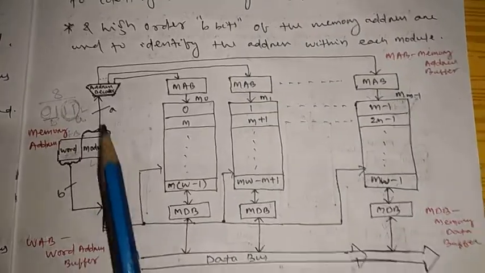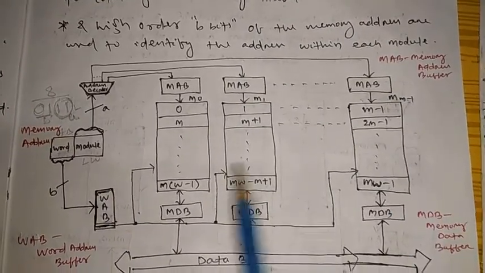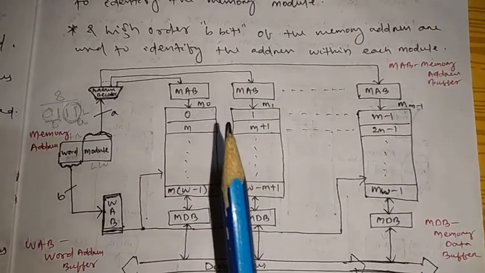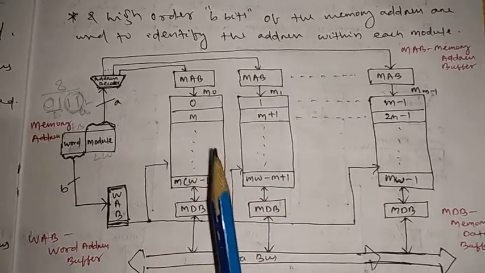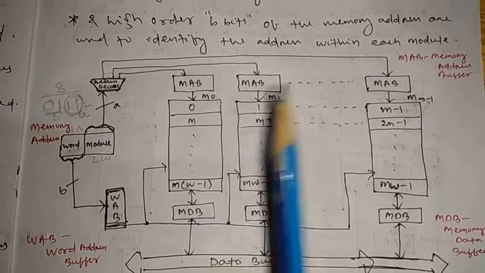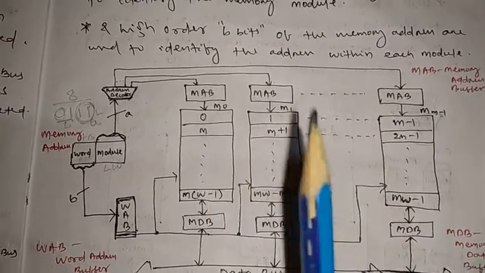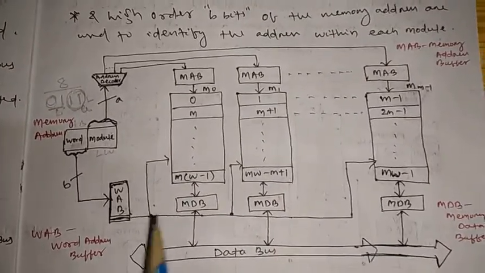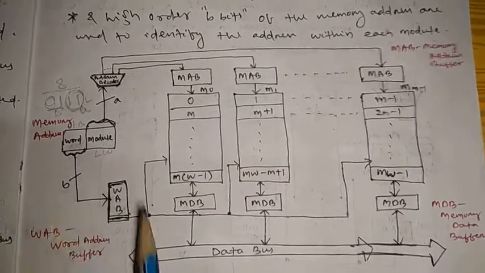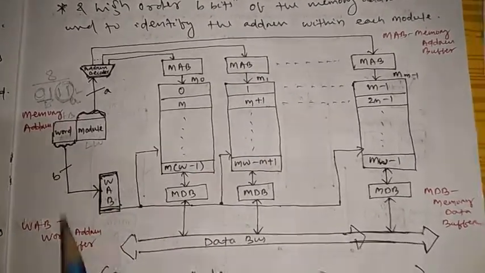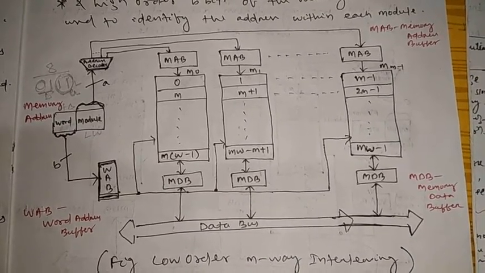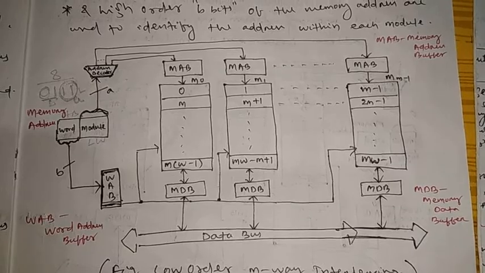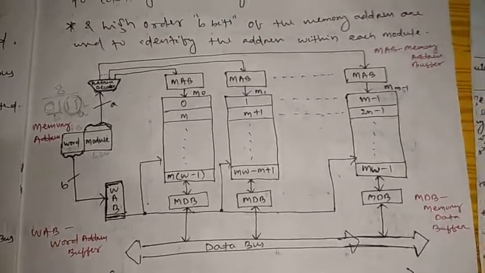This means you can access multiple words in a particular cycle, or simultaneously we can access multiple words in one clock cycle. Get it? So in one clock cycle, the CPU can access multiple data with the help of low order M-way interleaving techniques. So these are the benefits.